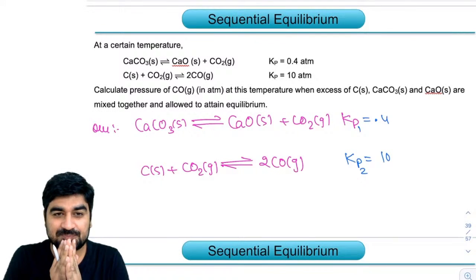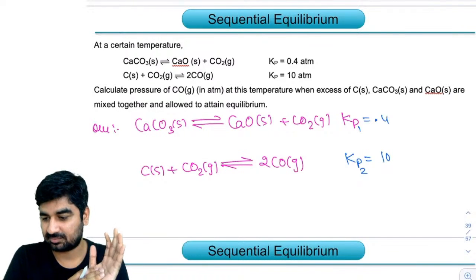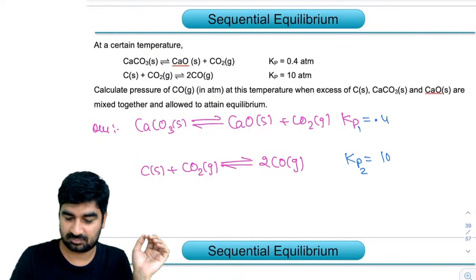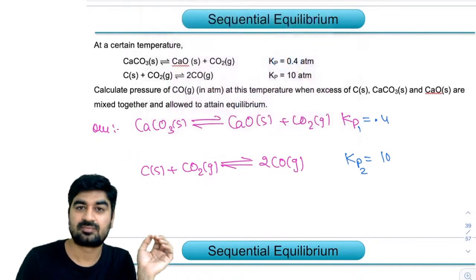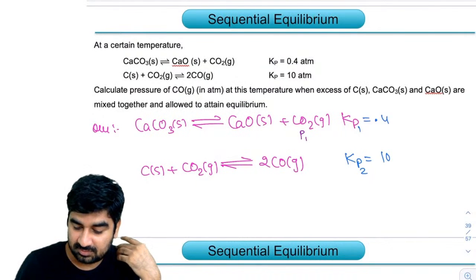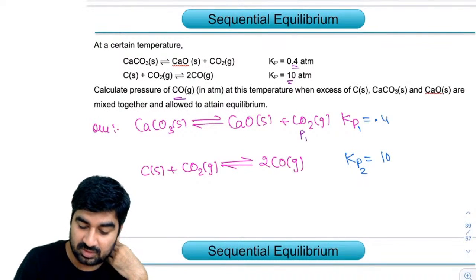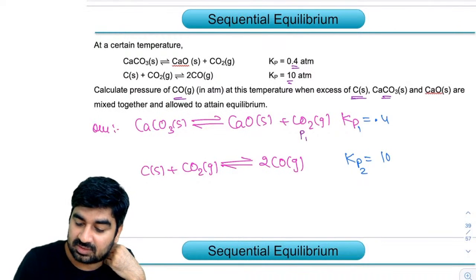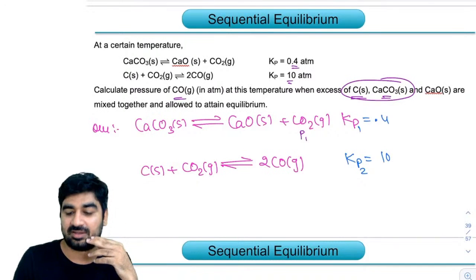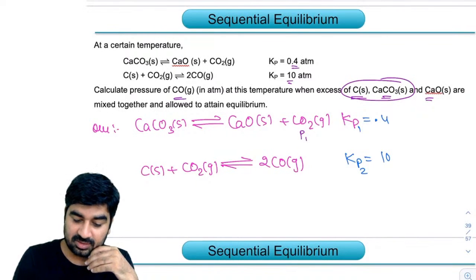Yes, Karthik. Are you solving it? So, if this is P1, now here TB is given. Calculate the pressure of CO gas in ADM when excess of this and this. Excess means they are never going to get exhausted. They will always remain there. CO is also there. Calculate the pressure of CO gas.